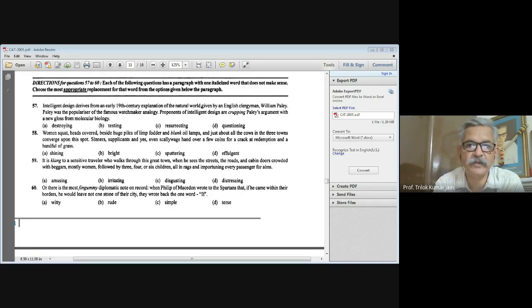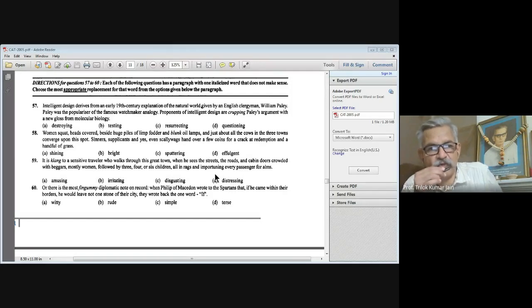Okay. Sputtering is related to making sound. Oil lamps cannot make sounds. So here, best options are A, B, D. In between, you have to decide. Sputtering is making sound. Oil lamps cannot make sound. So it seems to be not an appropriate option.